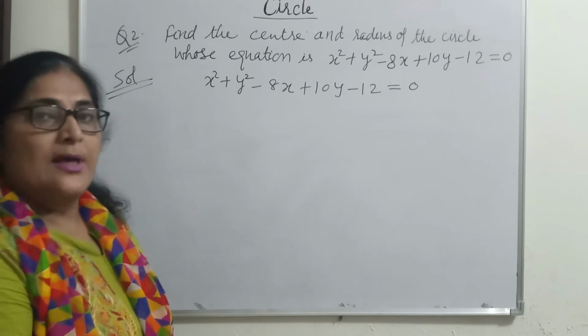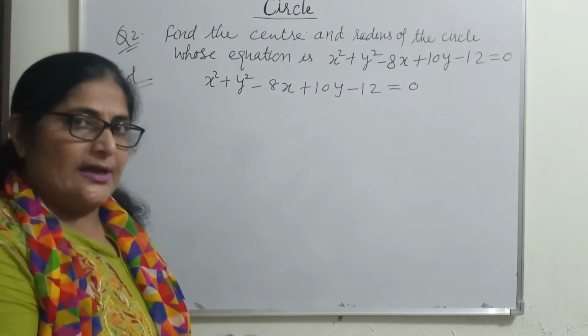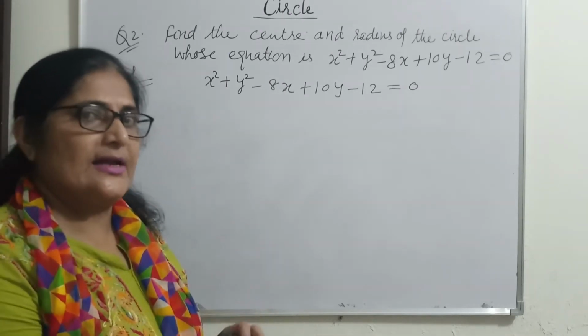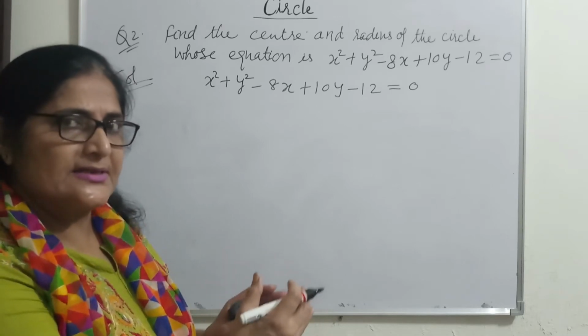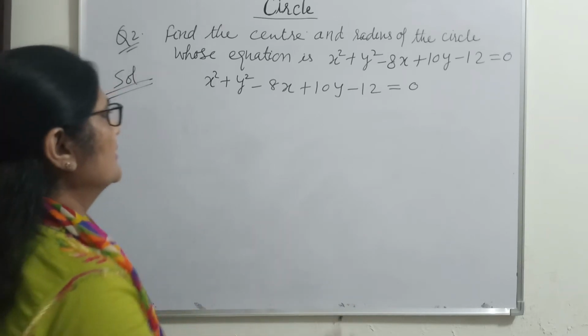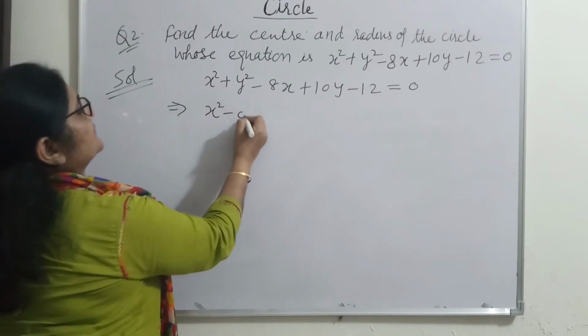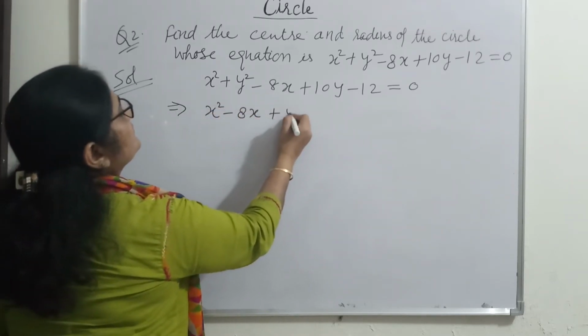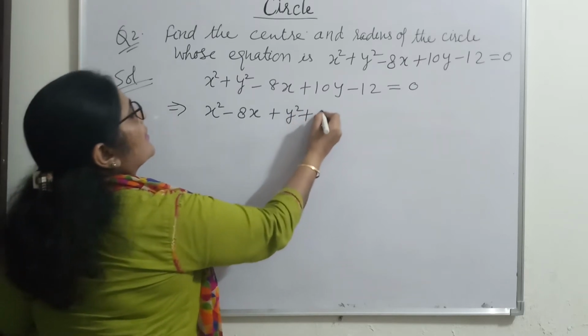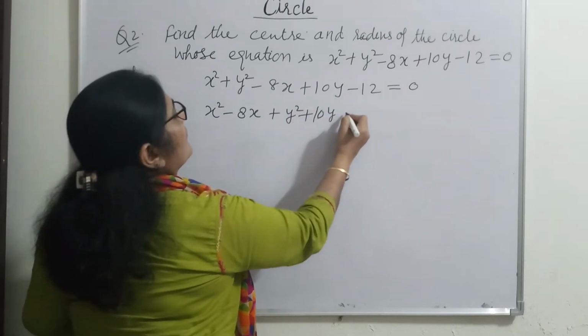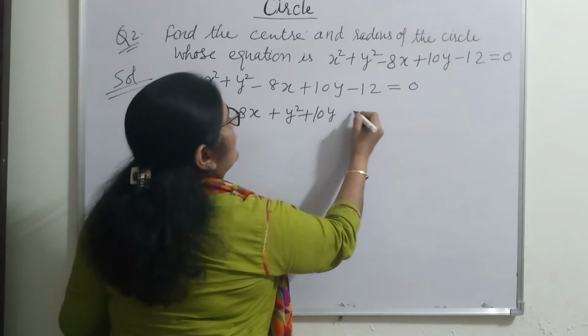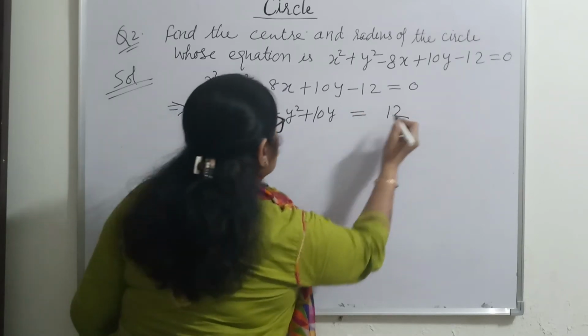As you know, the standard equation is in terms of whole squares. That means x terms have a separate square and y terms have a separate square. So, separating x and y terms, take 12 on the right hand side.